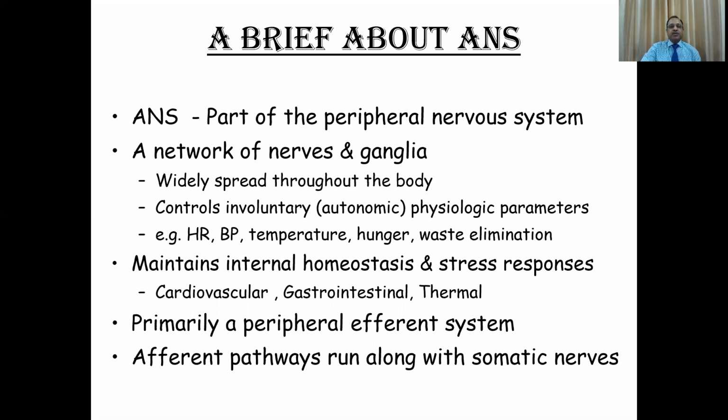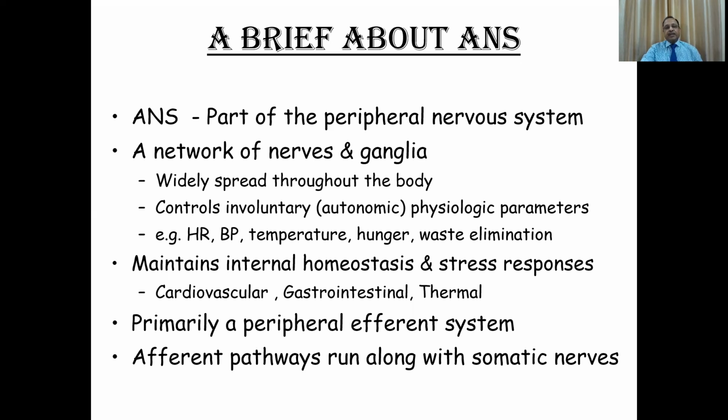They are responsible for controlling the autonomic physiological parameters such as heart rate, blood pressure, temperature, hunger, and all other autonomic functions that you may be aware of. The system is responsible for maintaining internal homeostasis and also preparing the body for various stress responses. It is primarily a peripheral efferent system.